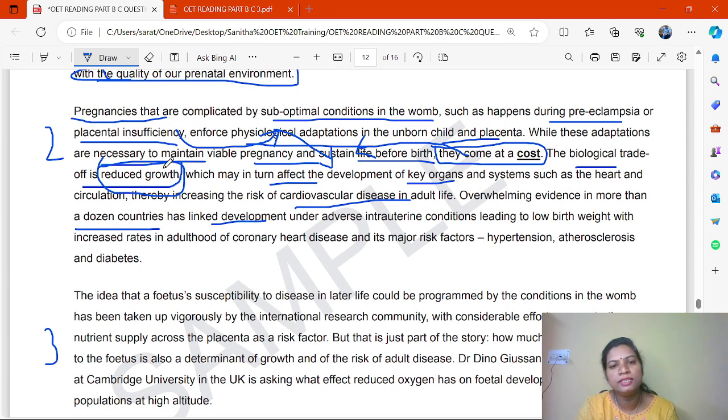So what is the answer? Reduced growth. To sustain a viable pregnancy, the womb is compromising, which leads to reduced growth of the child. That is what comes at a cost means: the growth of the child is reducing.